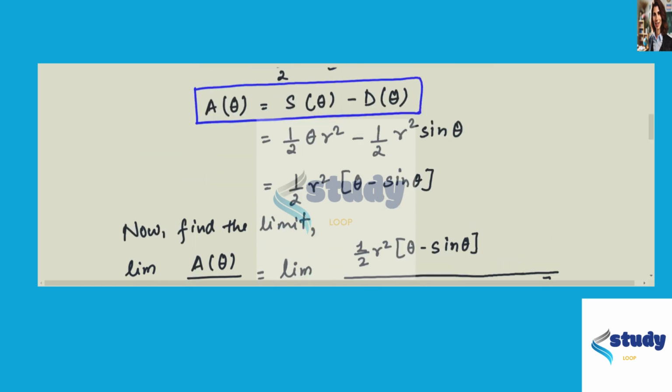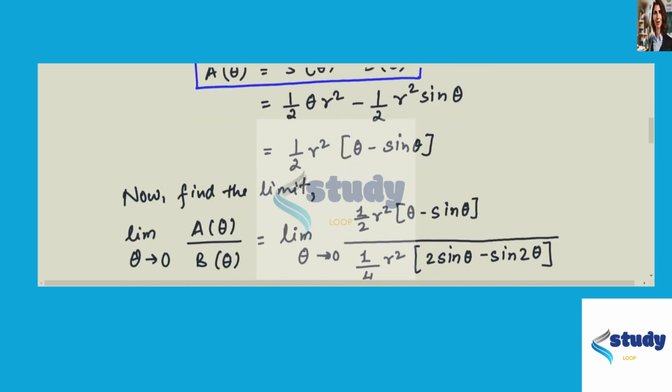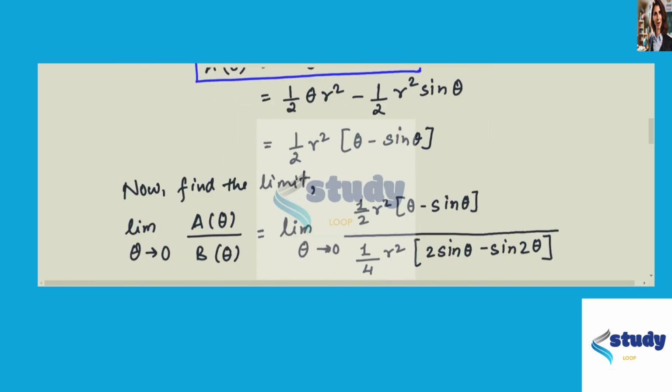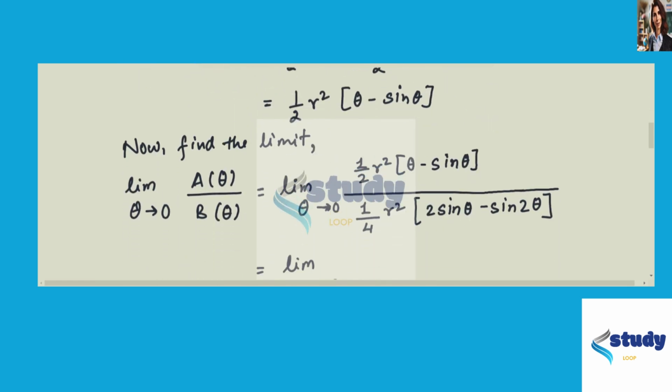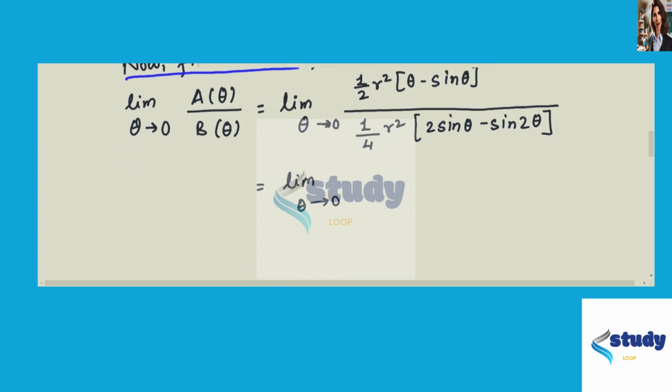So let us divide a theta by b theta. We need to find out the limit here, as theta tends to 0. Now when we put values here, this makes 0 by 0 form, isn't it?